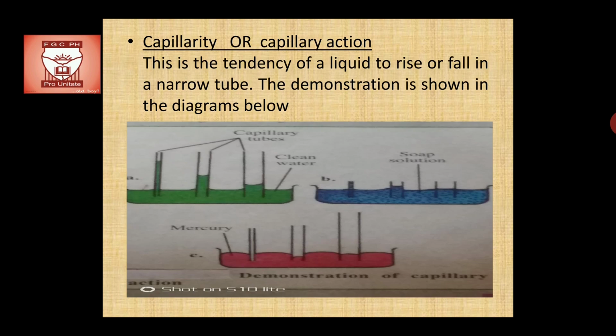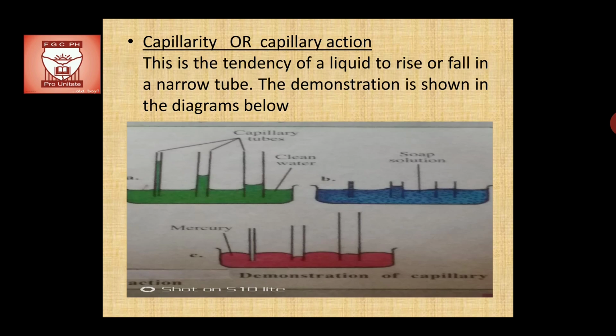Capillarity or capillary action. What is this all about? This is the tendency of a liquid to rise or fall in a narrow tube. The demonstration is shown in the diagrams below. You can see the 3 diagrams there: diagram A, B, and C. In diagram A, you can see the tubes are of different sizes: the narrower one, followed by this, and then the wider one.